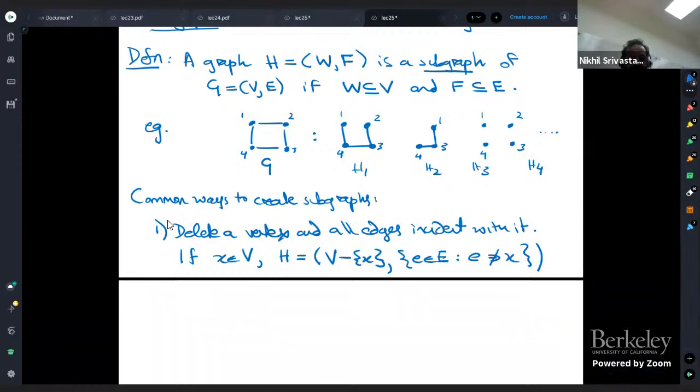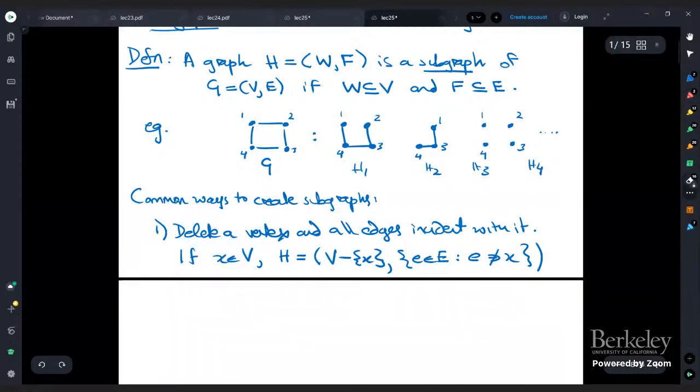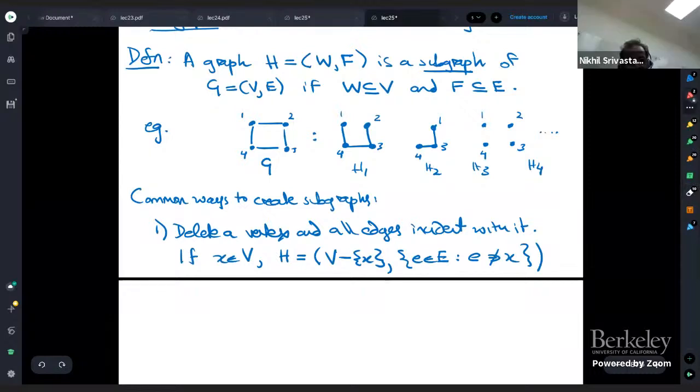Okay, so this is what you get by deleting a vertex. So for example, in the stuff I drew above, which of the graphs is an example of a vertex deletion? Only H2, right? Exactly, because in H2, I've deleted a vertex.